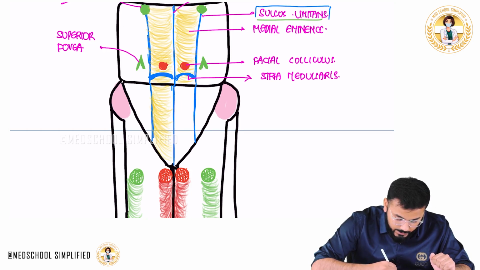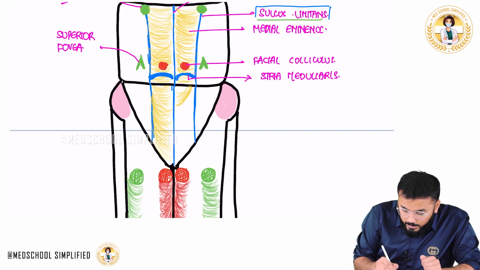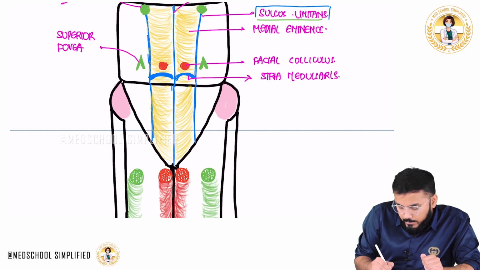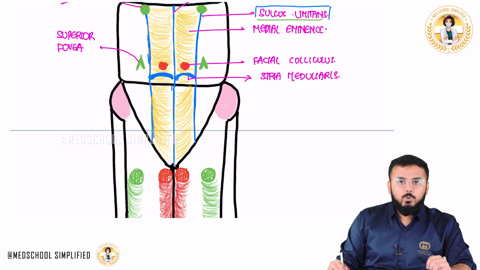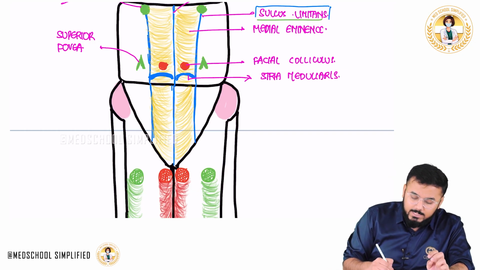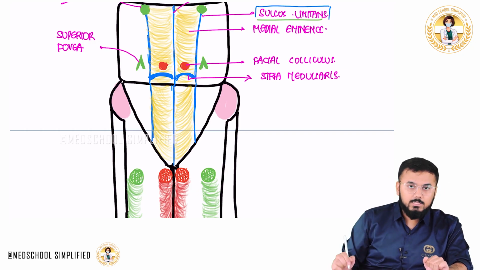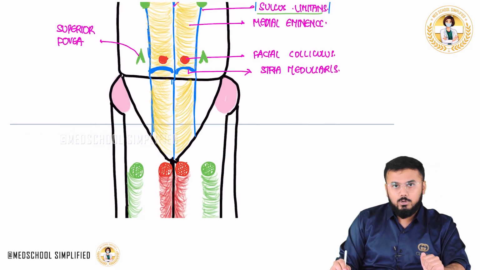This is the medial eminence that is continuing down into the medulla oblongata. So the medial eminence has not changed. Median sulcus is not changed, sulcus limitans is not changed, medial eminence is also not changed.